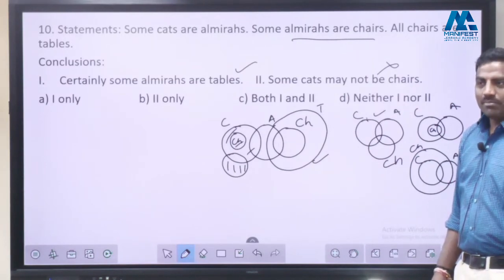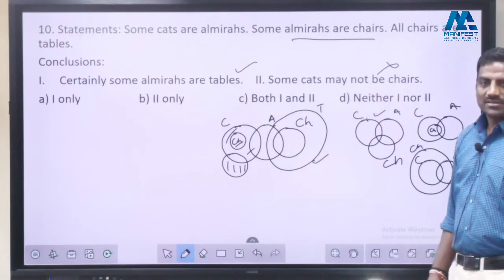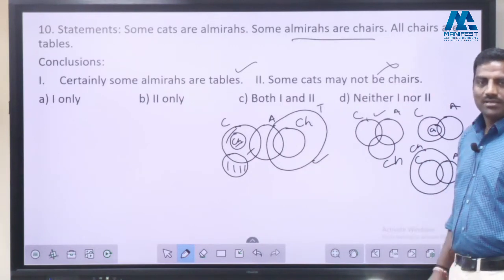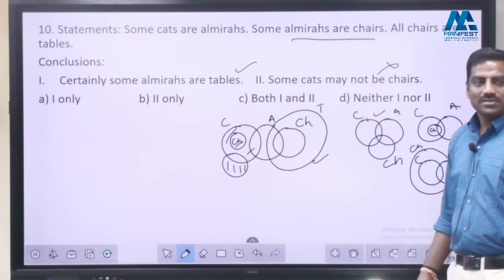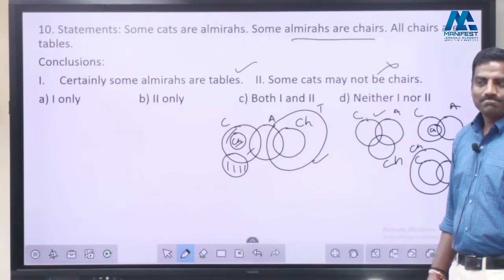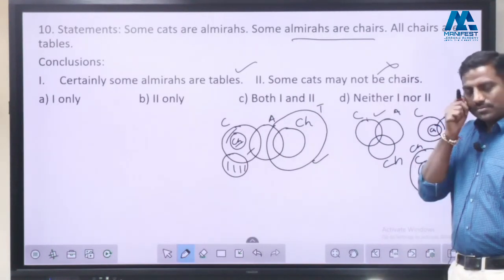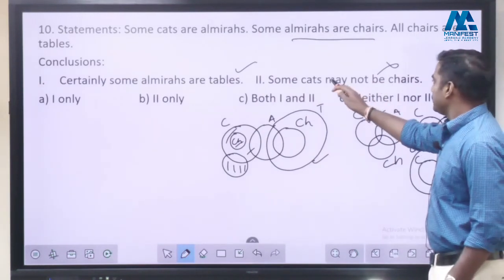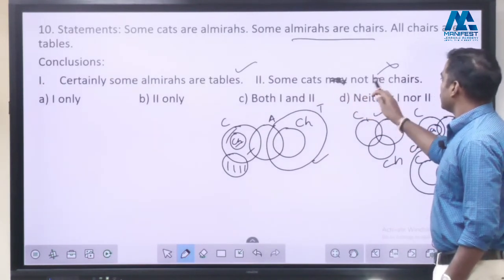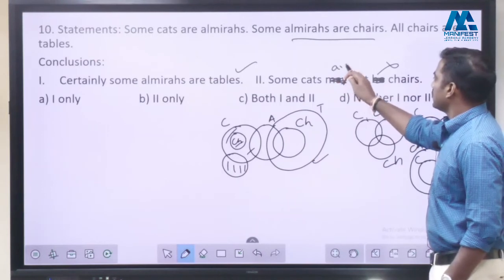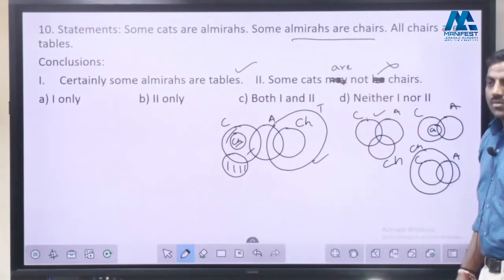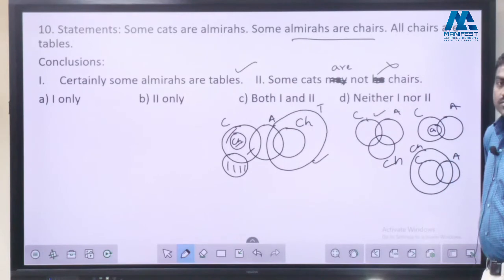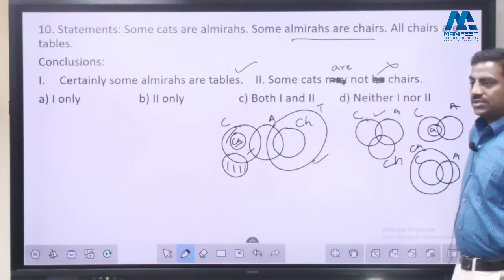They are telling may not be chairs. But here we are saying all cats are chairs. Any objection to this? What if this was some cats are not chairs?